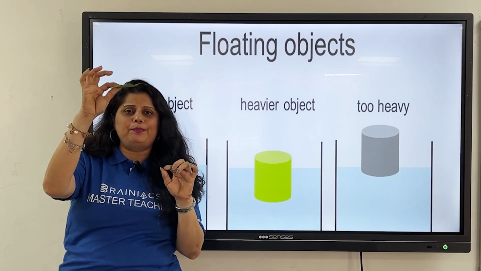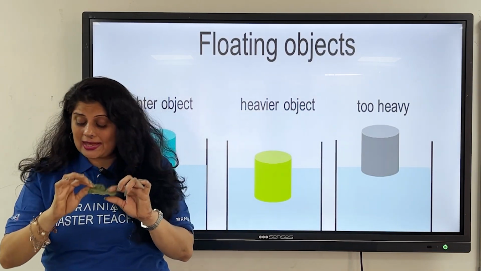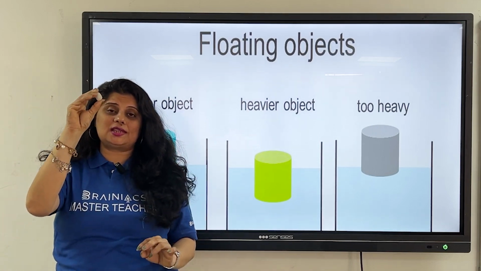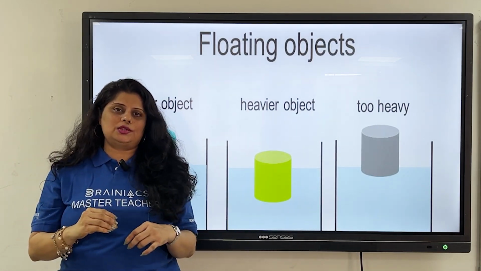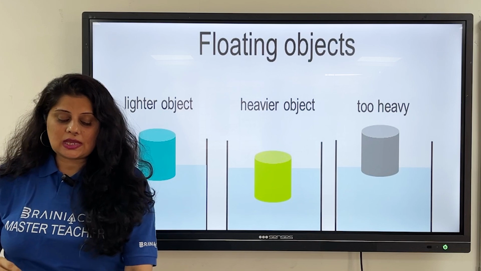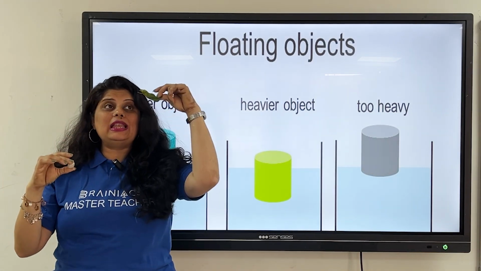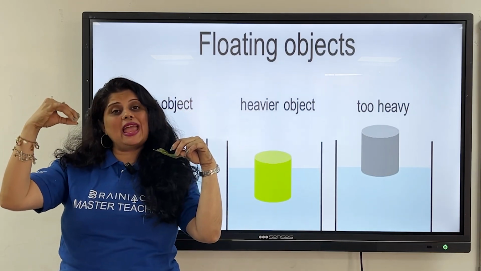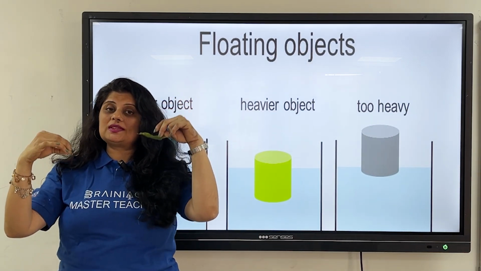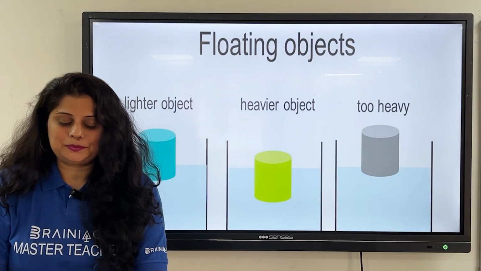It is at the top of the water. Whereas the heavier object sinks in the water. That is the difference between these two objects, the leaf and the stone. Leaf is light, stone is heavy. Leaf floats, stone sinks.